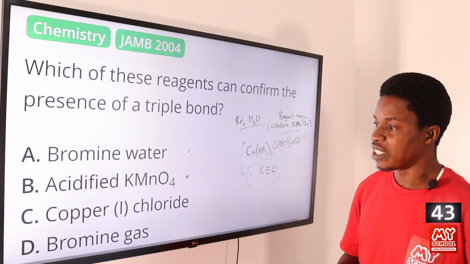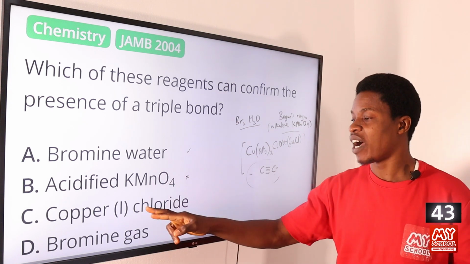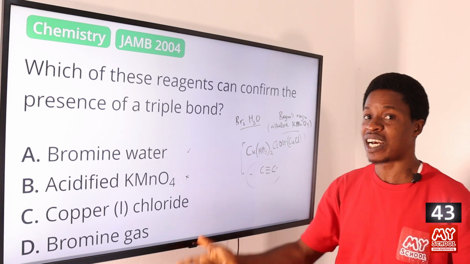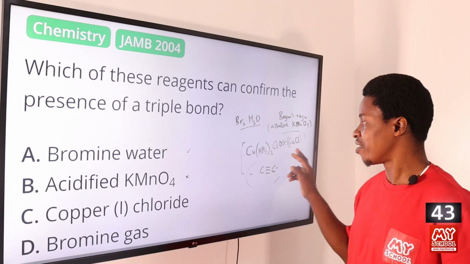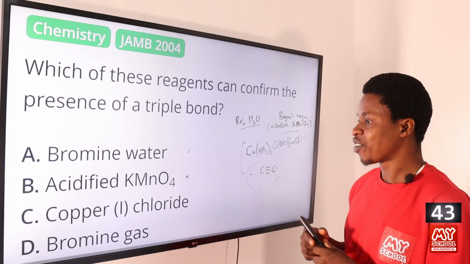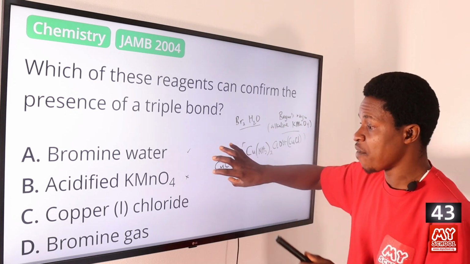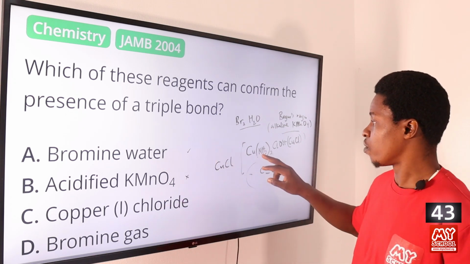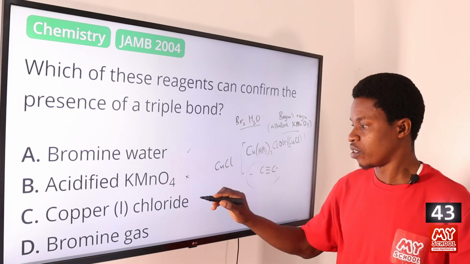Option C says copper 1 chloride. Please don't get confused. Copper 1 chloride is not the same thing as ammoniacal cuprous chloride. Okay, you can see it here. I intentionally wrote out this compound. You can see this and copper 1 chloride are not the same. So ammoniacal cuprous chloride is what will react. So this is not correct.